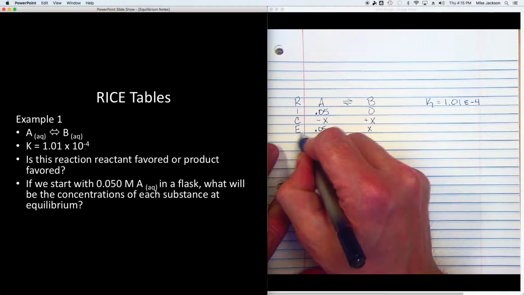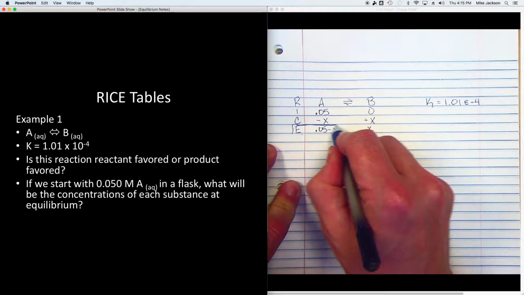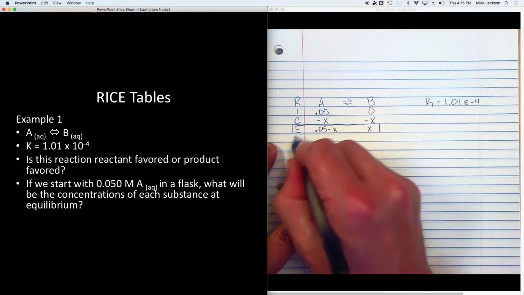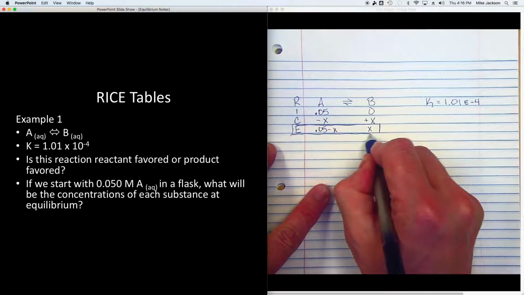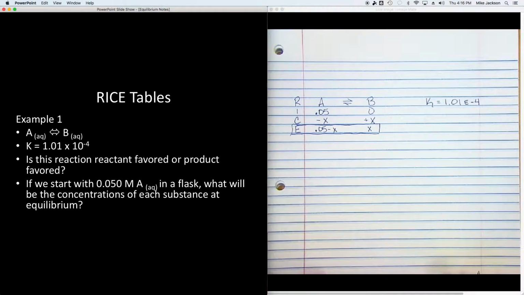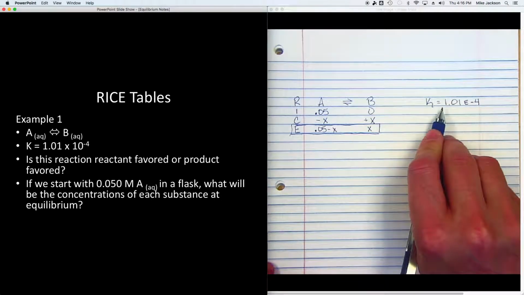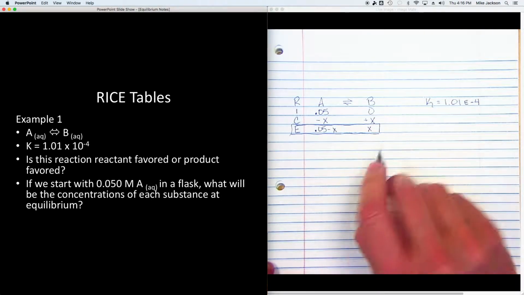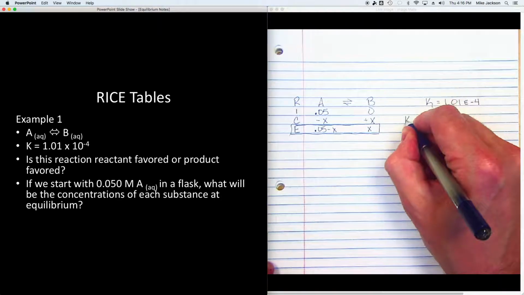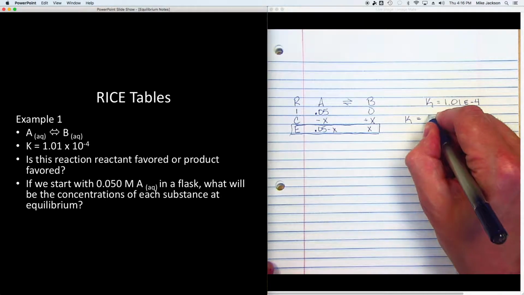Now this equilibrium section is going to be the important part with what we do next, because we have a k value, which comes from a k expression, and our k expression is our products over our reactants.